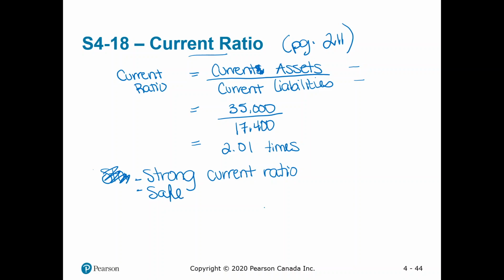So we said we want between 1.3 and 2 as our general rule of thumb, so we've met that. So having a current ratio of 2.01, it indicates, we don't know for sure, but it's a good indicator that the company will be able to pay off their current liabilities as they become due.